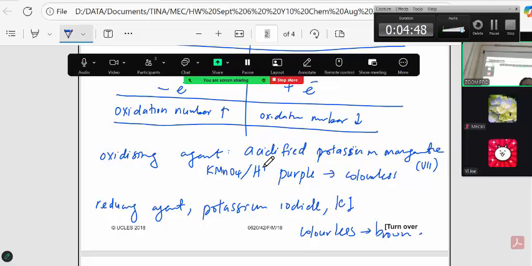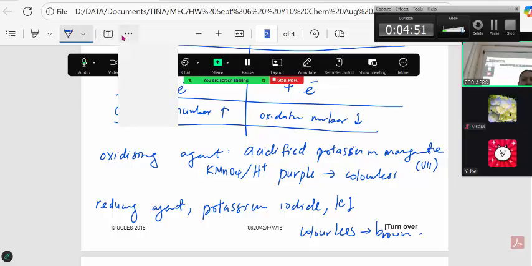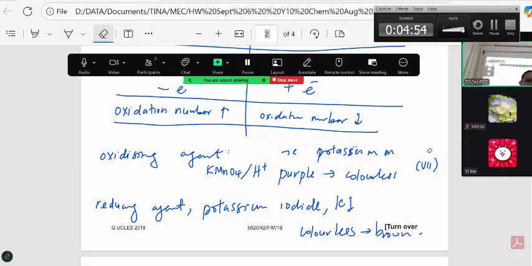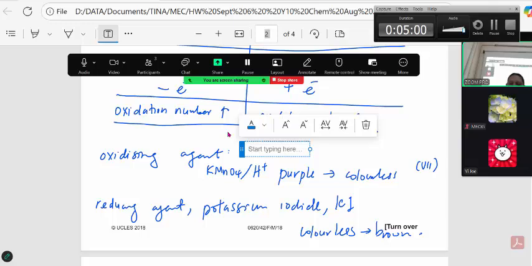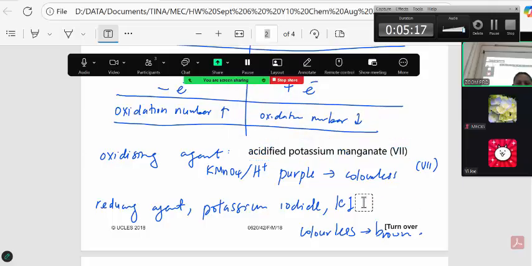Acidified potassium manganate 7. Yes, KMnO4.